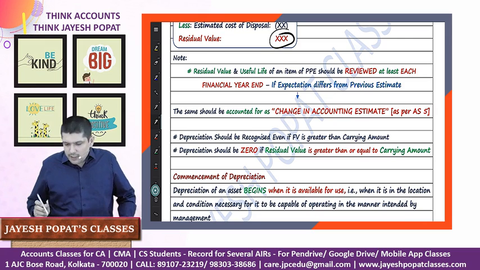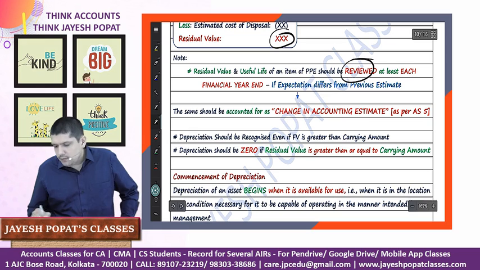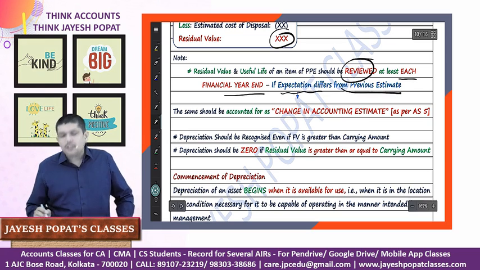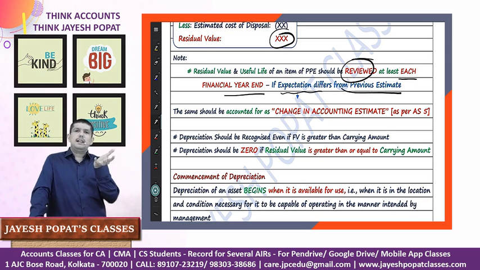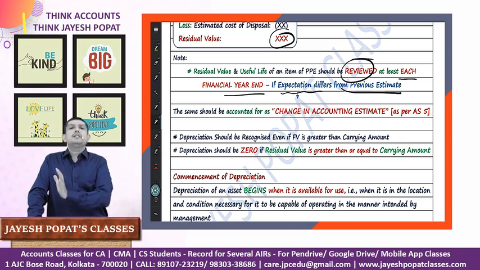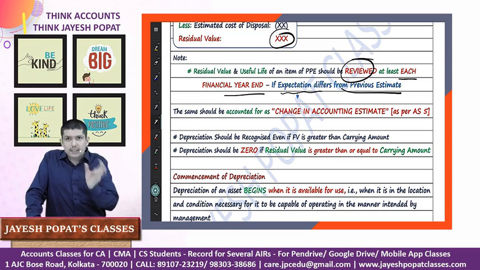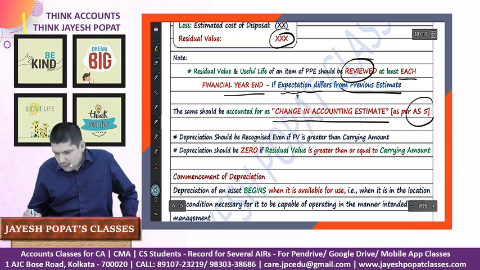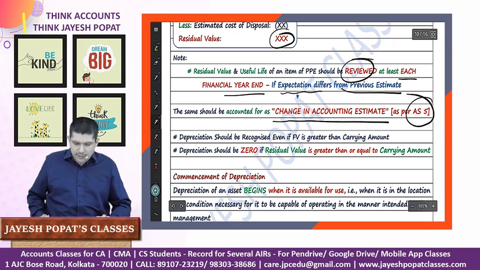So residual value and useful life of an item of PP should be reviewed at each financial year end, and if the expectation differs from the previous estimate, previously I thought I'll use it for 5 years, or maybe I'll get 10,000 rupees, at each balance sheet date I have to review whether my initial estimate was correct or not, and if there is a change in my estimate, I need to change that estimate, and that change will be treated as a change in accounting estimate as per Accounting Standard 5.